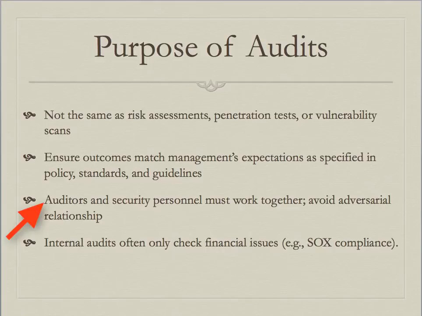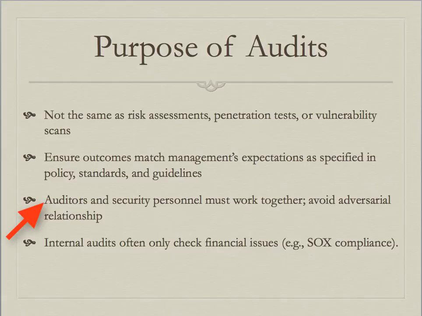An important point follows, and that is that auditors and security personnel should not be enemies. It should not be an adversarial relationship. It should be a partnership. Auditors are trying to keep the business out of trouble, make sure that the external auditors don't find any material deficiencies. Those are deficiencies reported to the board of directors and senior management.